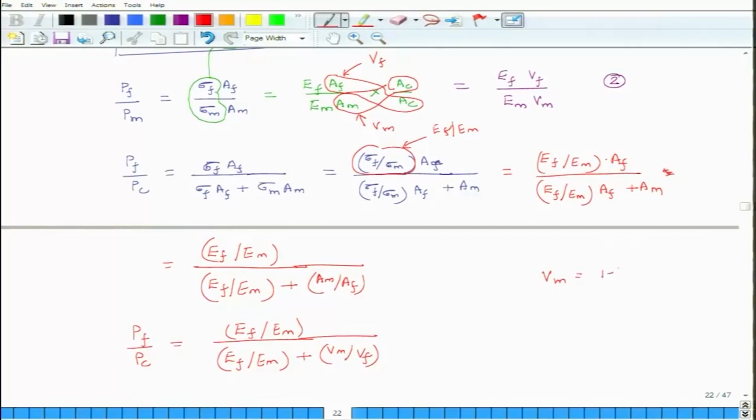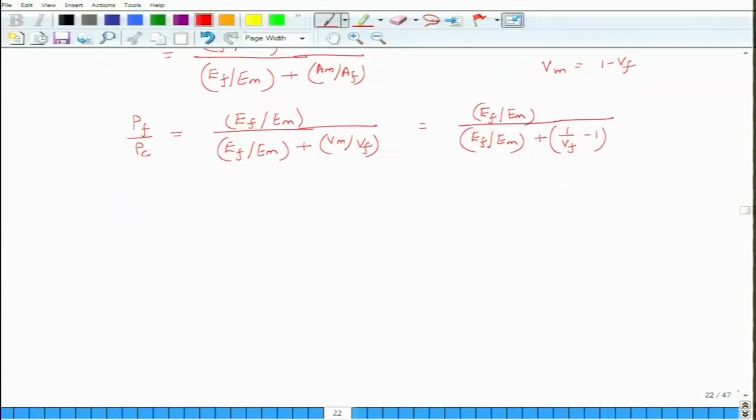Vm equals 1 minus Vf, right, if there is no air. Then I can write it as Ef by Em by Ef by Em plus 1 by Vf minus 1. This is what I get. So, look at this. This is equal to load shared by fiber and load borne by composite. So, this is the third equation.